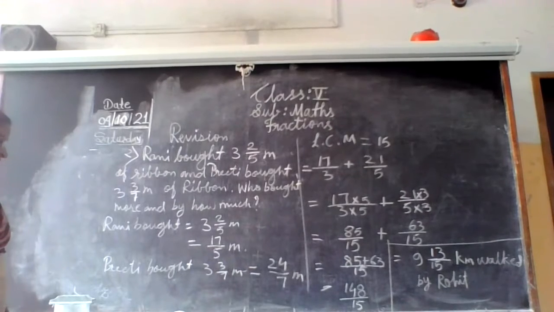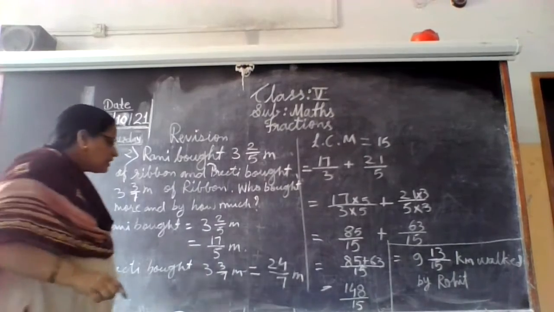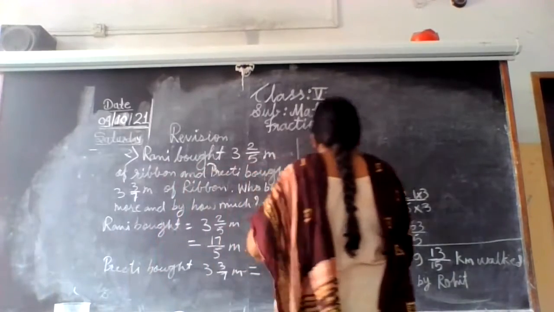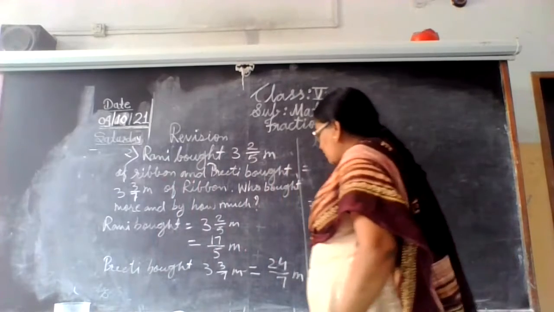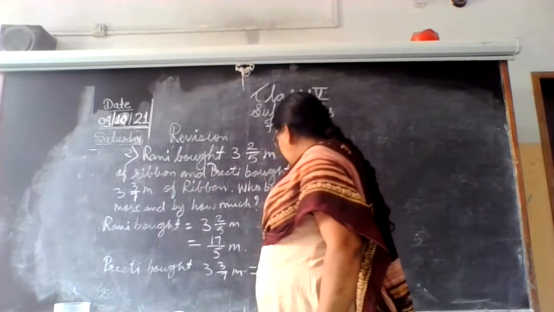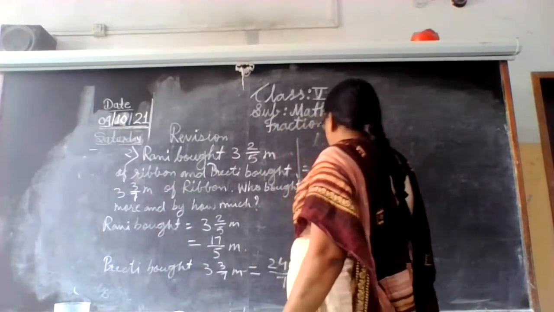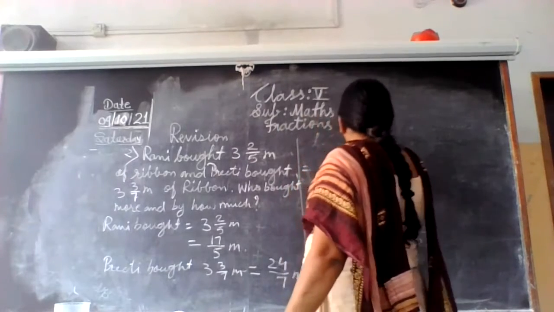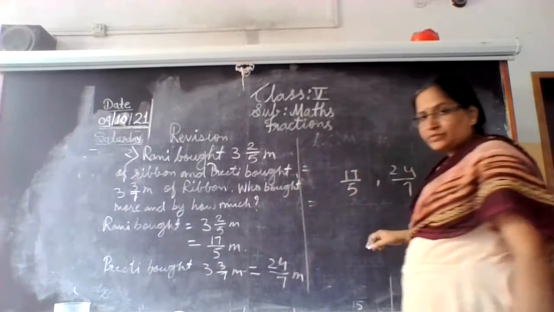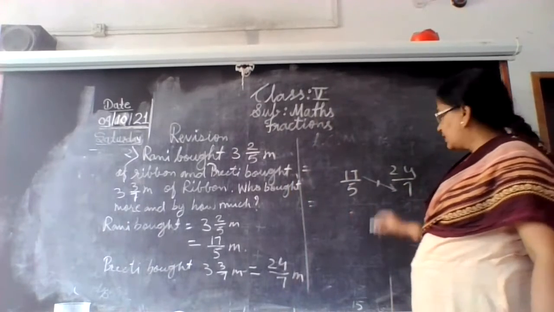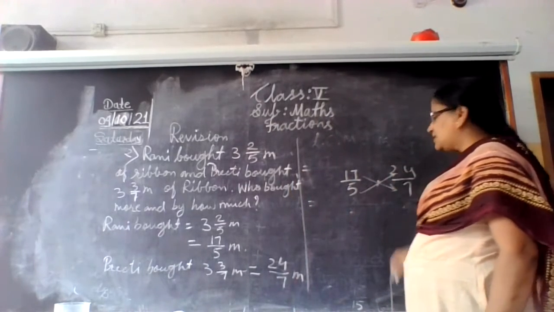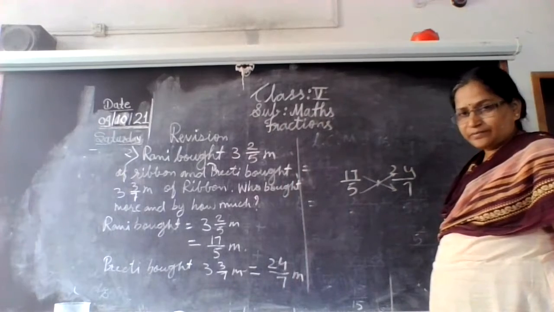So what to do? Both are unlike fractions. Now see, you have learned how to compare the fractions. Either you can see 17 upon 5 and 24 upon 7, so you can cross multiply and write the answer here and see which one is better.